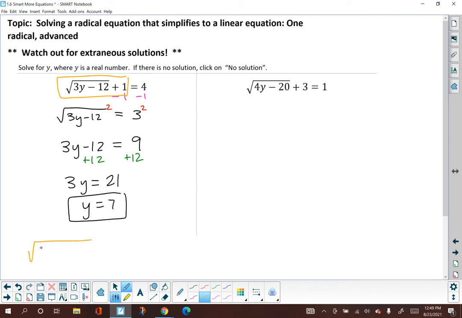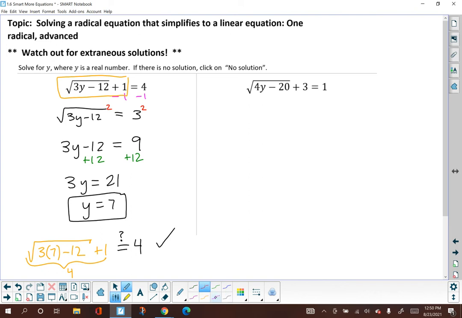So in your calculator, you would type in 3 times 7 minus 12 under that root and then add 1. And you're just testing to see, does that give me 4? And the calculator in this case does give you 4, so that's true, and the answer works. So we checked it and it was fine. On this next one, I'm going to show you that sometimes it is not a solution.